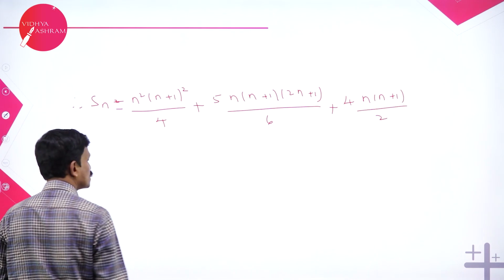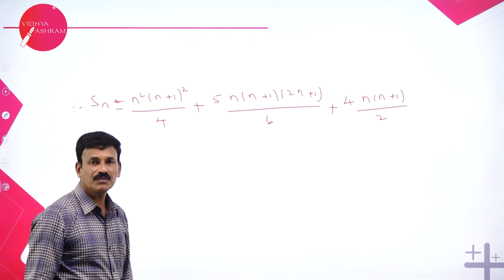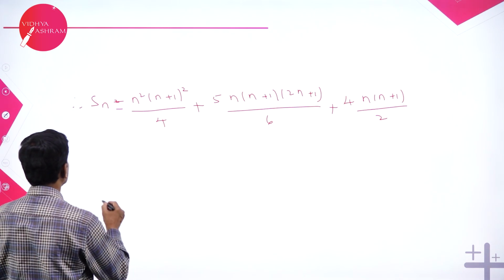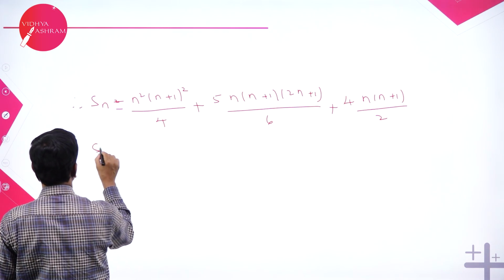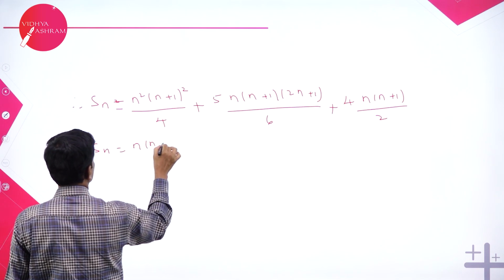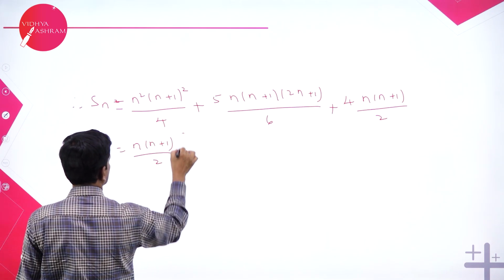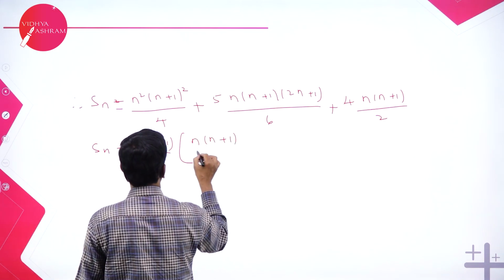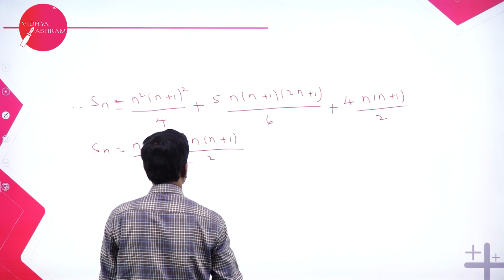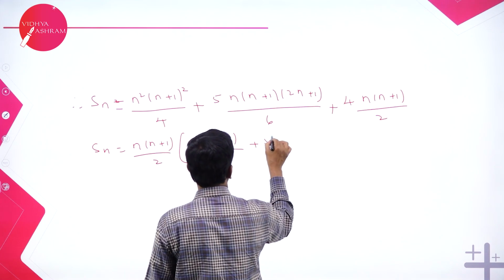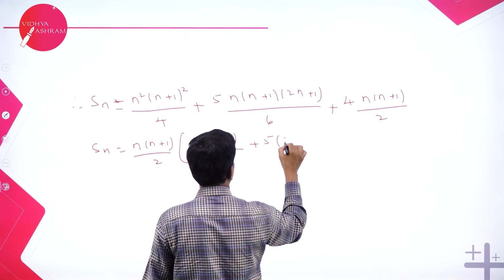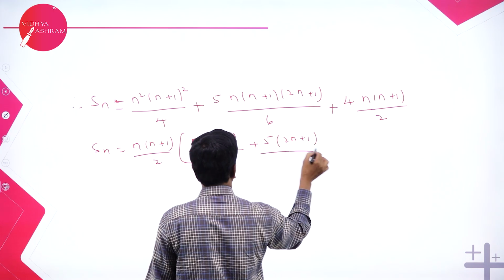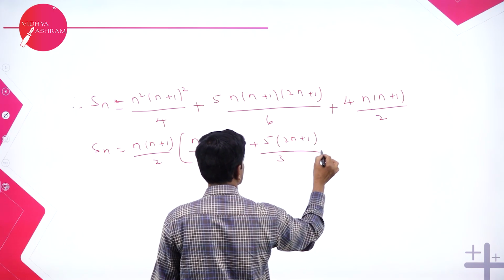These are the formulas. Just take LCM and simplify. That's all. Now you can take the common factor. So Sn is equal to n into n plus 1 divided by 2. As usual, you can take the common factor. One, n into n plus 1 divided by 2 is left, plus here 5 into n plus 1 is gone, 2n plus 1 divided by 3 is there.